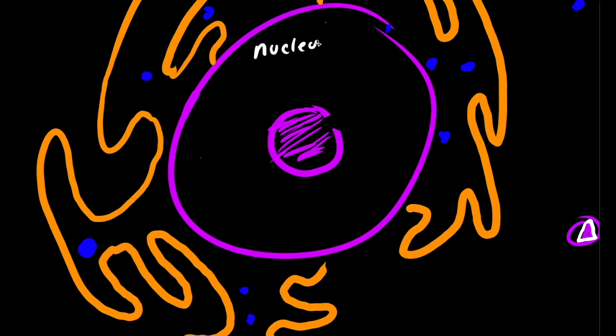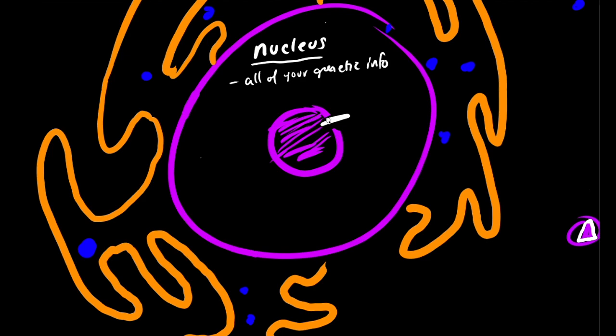In animal cells, it's at the very center of the cell usually, and it's the essential brain of the cell because it contains all of your genetic information. All 23 chromosomes and your entire genome is all held within this one organelle. Whatever makes you, you, is held within the nucleus.